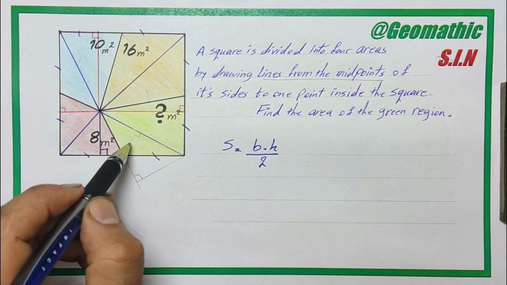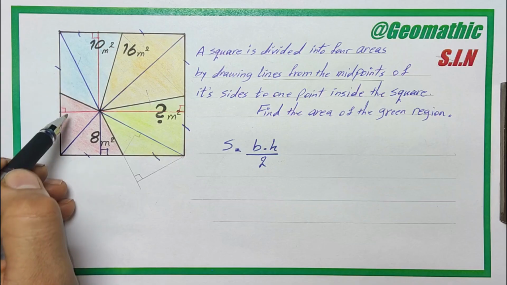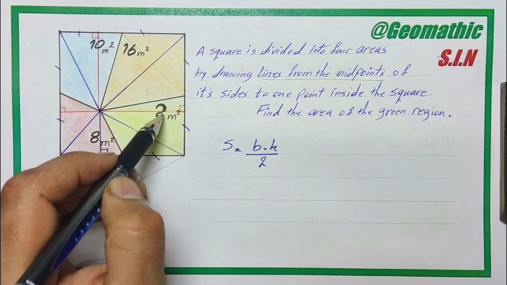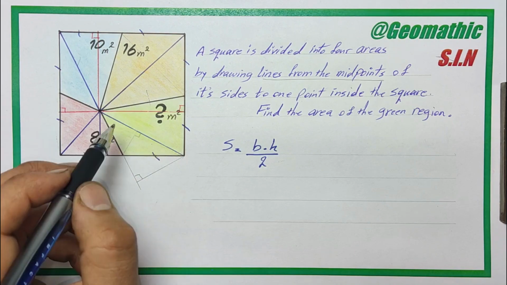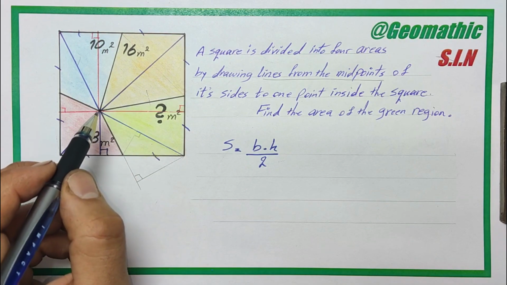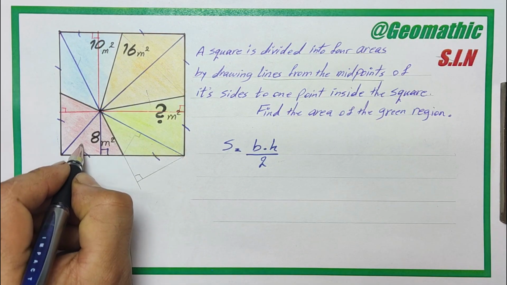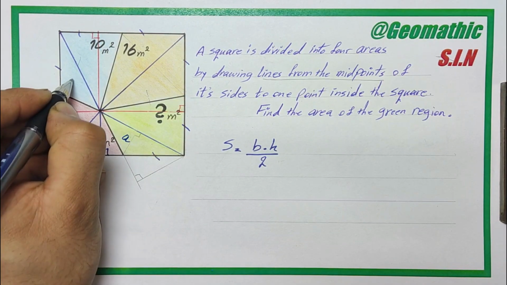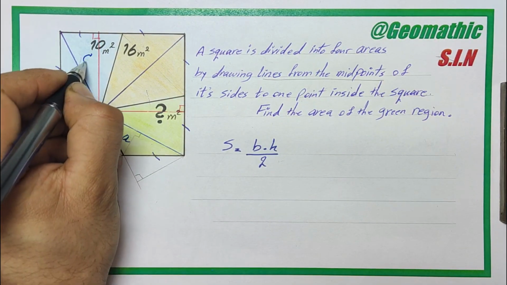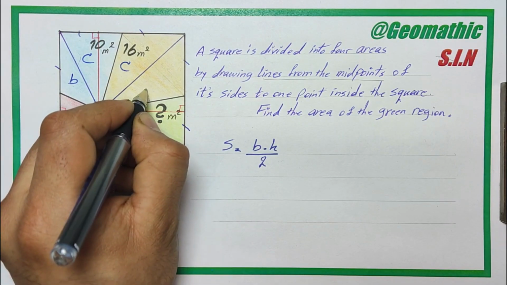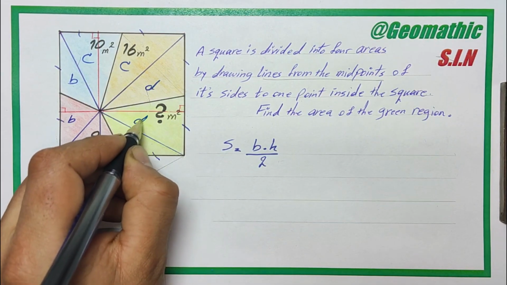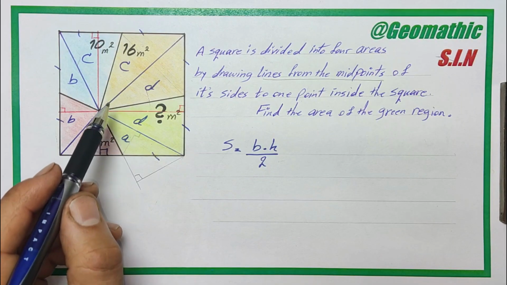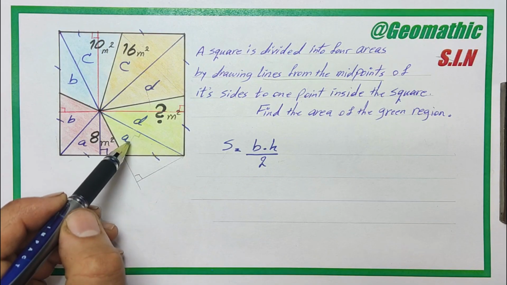It means that like these two triangles, these two areas are equal, these two are equal, and these two are equal as well. So I label the equal areas with the same letter: A, B, C, and D. Now it's obvious that the area we are looking for is exactly triangle D plus triangle A.